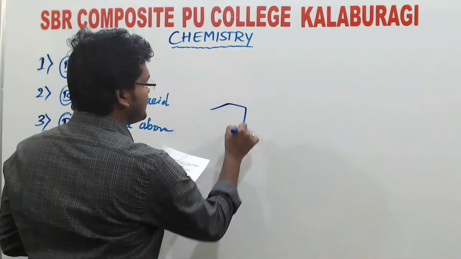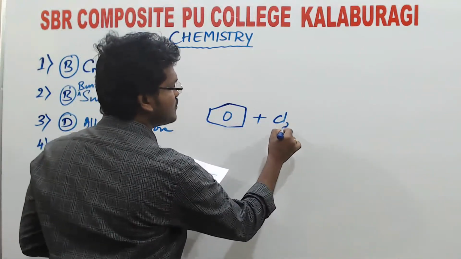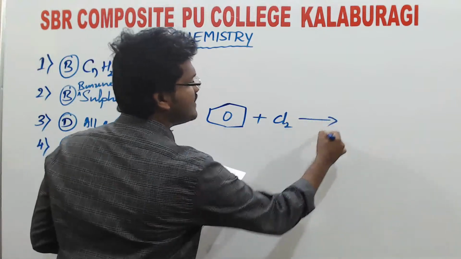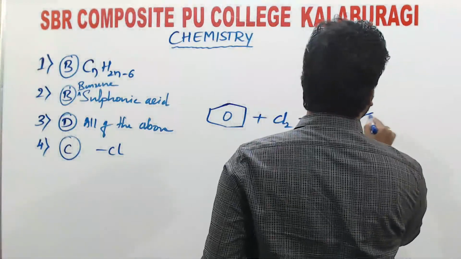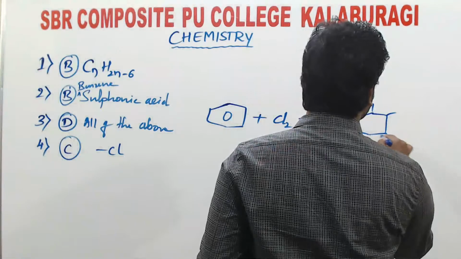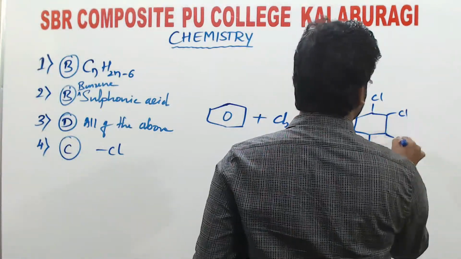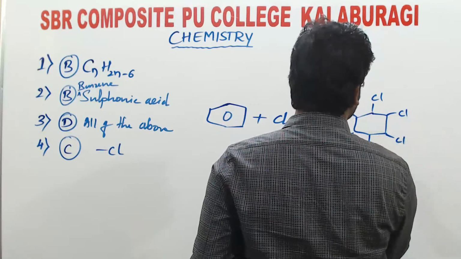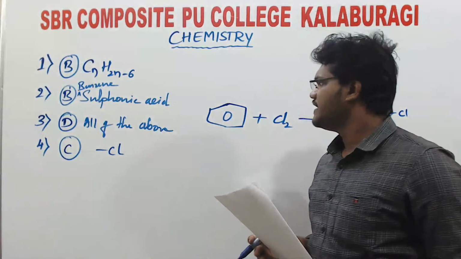I'm having benzene, and I'm adding chlorine, Cl2. I'm going to get BHC, C6H6Cl6. That is nothing but my benzene hexachloride.